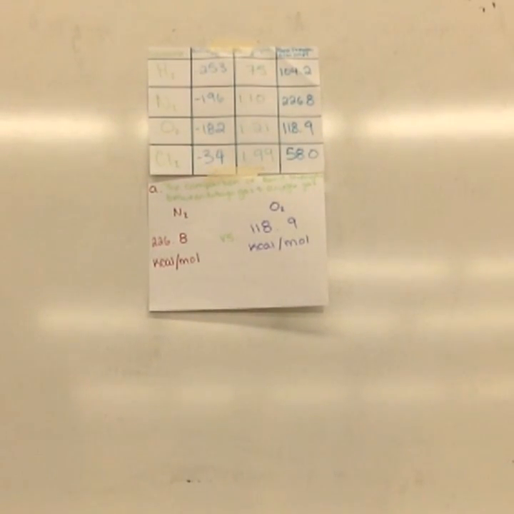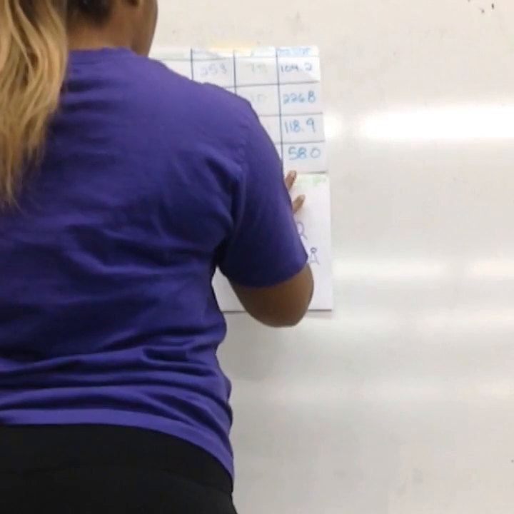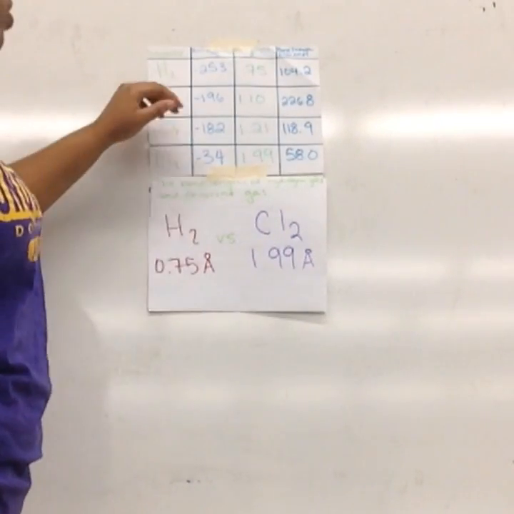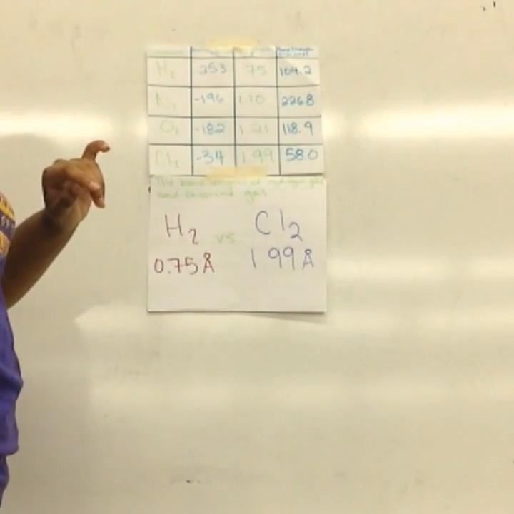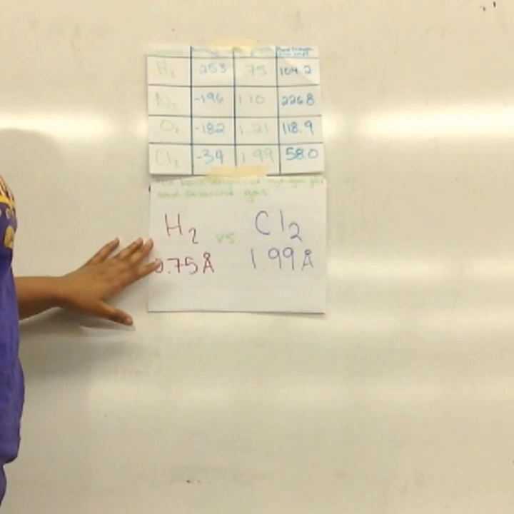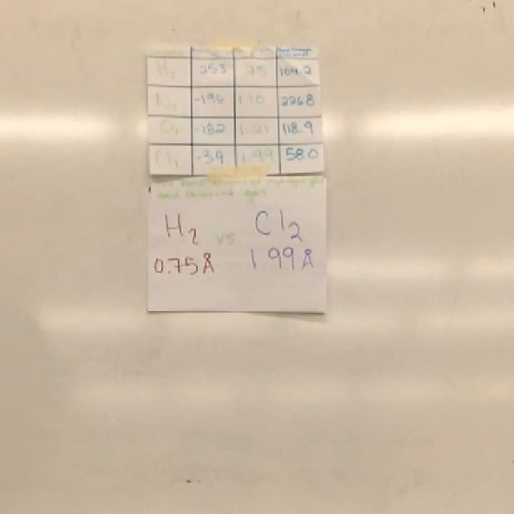Okay, next, they asked about the bond lengths of hydrogen gas and chlorine gas. Hydrogen gas has a 0.75 and chlorine gas has 1.99. Hydrogen gas has a single bond, a bond order of 1, and it has a shorter length because there's going to be a higher pull between the two atoms.